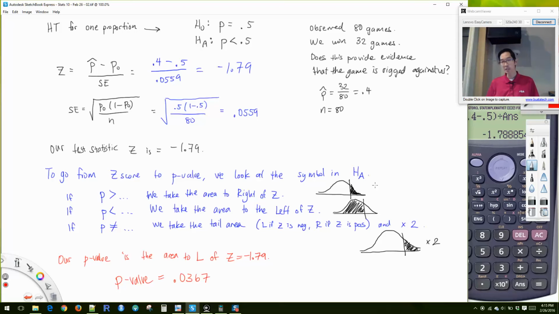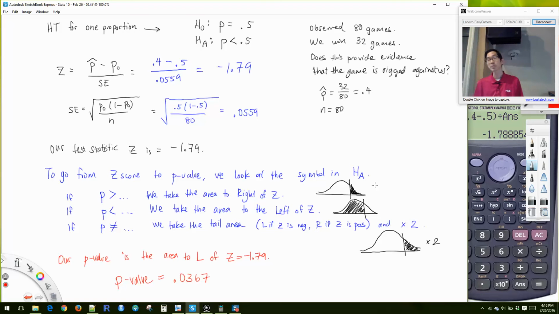If we suspect that the game might be rigged against us, meaning that we have less than a 50% chance of winning, then the probability that a fair game would produce 32 wins or less is about 3.5%.